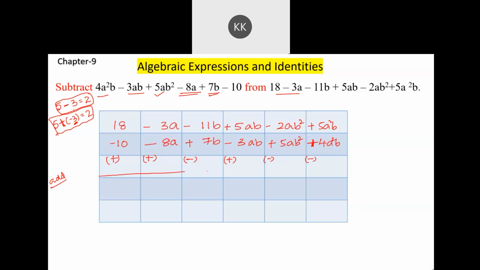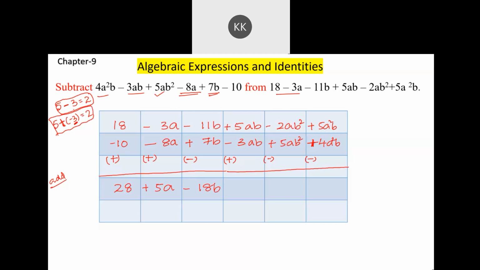Now I will write the final answer. 18. Now I should not take this minus 10. I should take plus 10. 18 plus 10 is 28. Minus 3a plus 8a. This is a larger one. So we get positive 5a. Minus 11 minus 7. When they are added up, we get minus 18b.